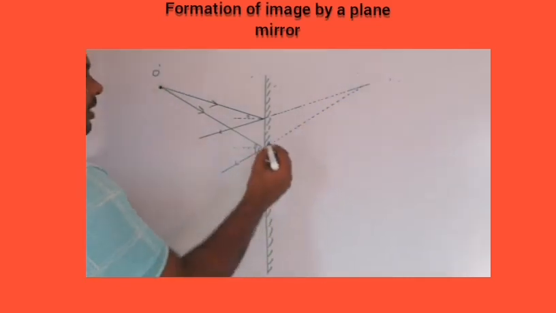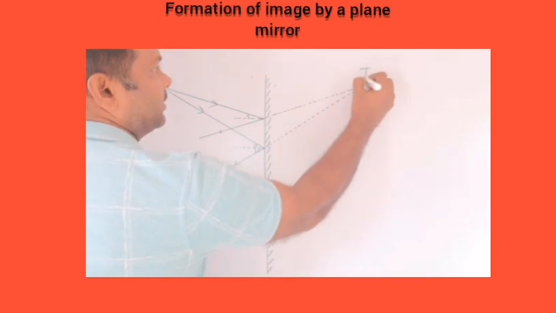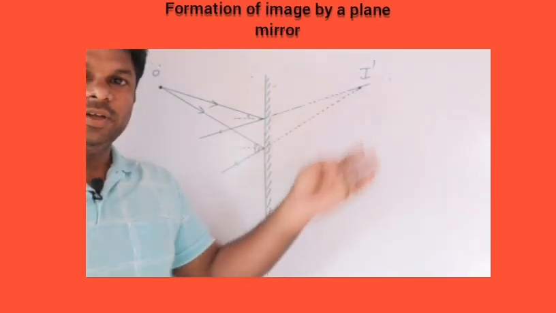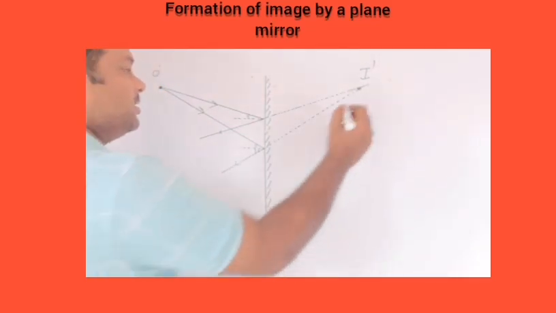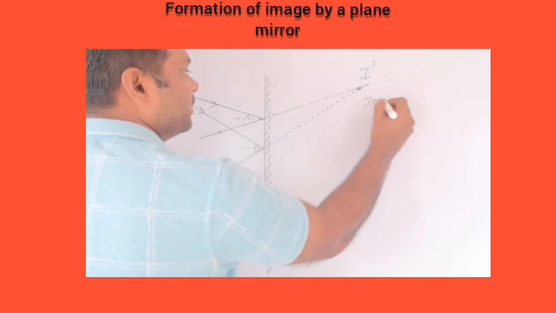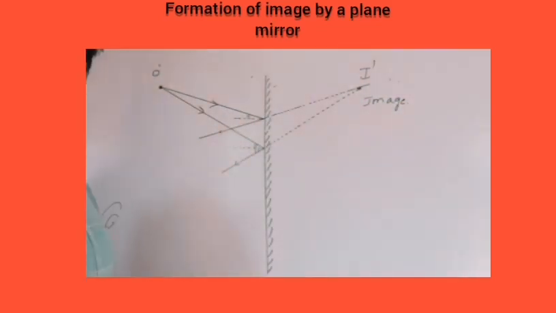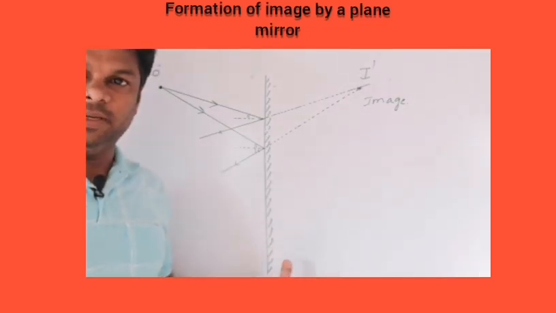Observe it here. These two reflected rays are extended in reverse. You got an image, and this is the image point for this particular object. And here we have a plane mirror.